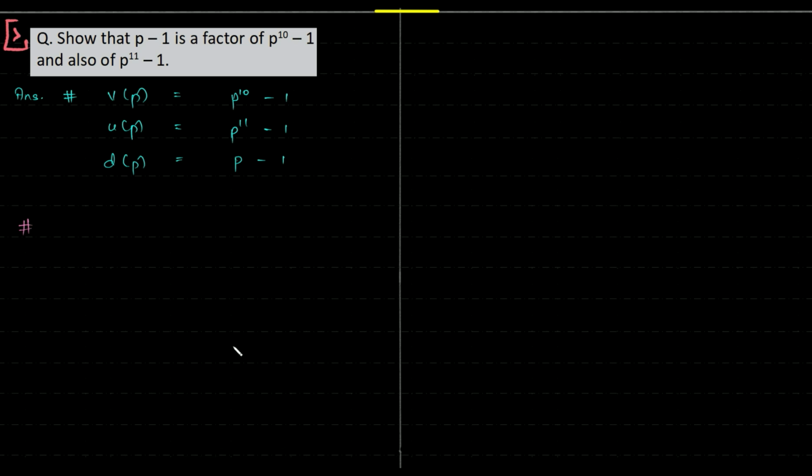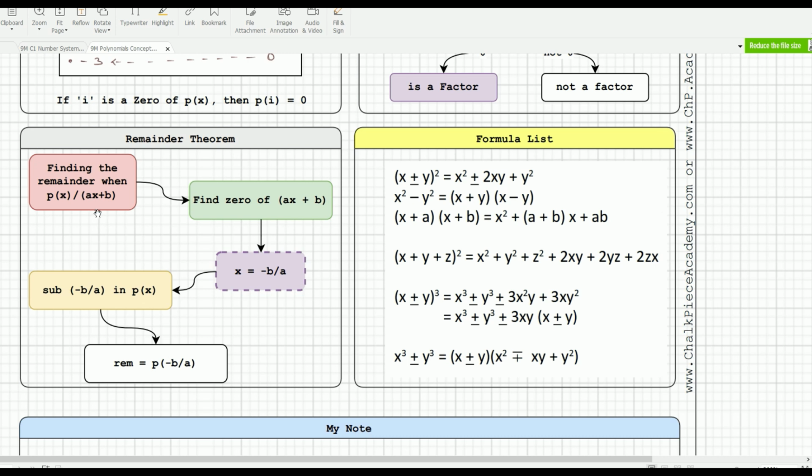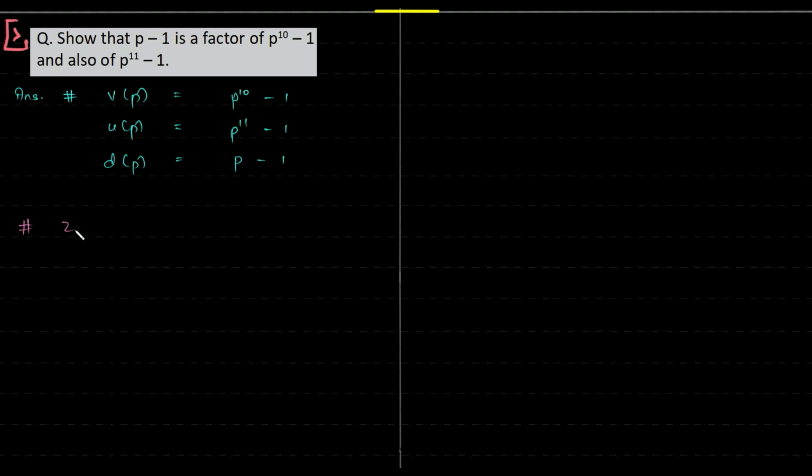Next thing is, how do you find the remainder? We have to figure out the remainder, only then can we decide as per the factor theorem. So the basic idea is we have to figure out the 0 of the divisor and then substitute. So let's figure out the 0 of the divisor. How will we figure it out? We'll start with: let t be the 0 of d of p.